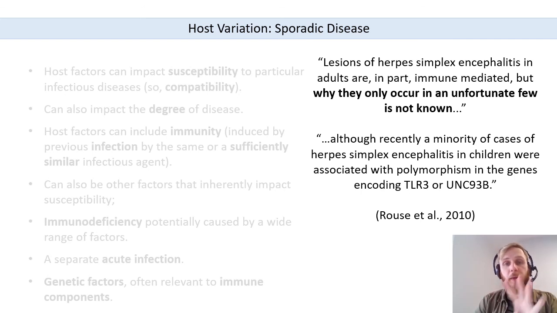TLR is a receptor, interferon is for signaling, but similar in the sense that they're involved in this immune signaling. And individuals who have a polymorphism in TLR3 are clearly more likely to develop encephalitis in the context of herpes simplex virus. So it does look like, when we go through the literature, and I'm really encouraging you to look at these papers, that there are different consequences of infection in different individuals that can be tied to differences in immune function that are rooted in genetics.